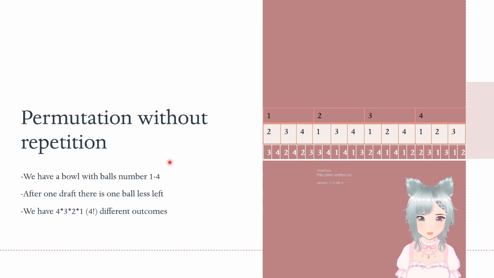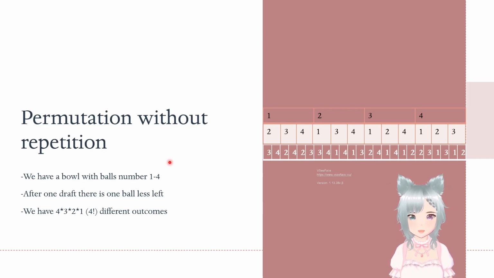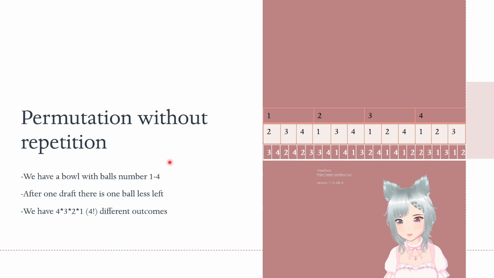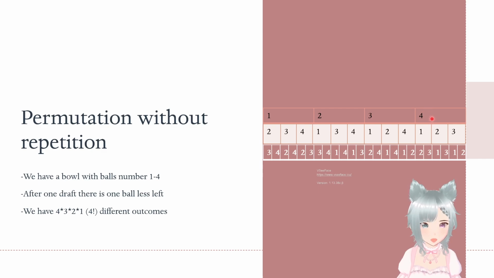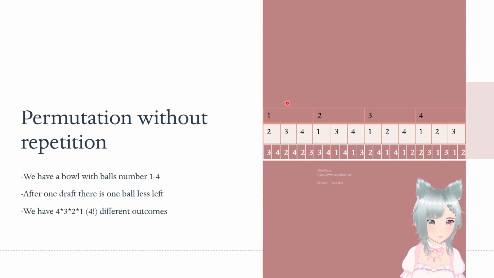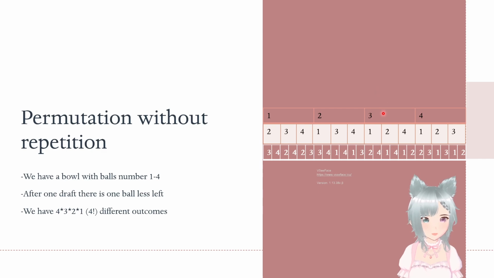And we pull them out and we don't put them back in. So once we have one number, we cannot pull the same number again. So after one pull, we have 1, 2, 3, 4, different solutions, different sets, because we can draw the 1, the 2, the 3, or the 4. Now after we draw the 1, we cannot draw the 1 again, so we can draw the 2, the 3, or the 4.